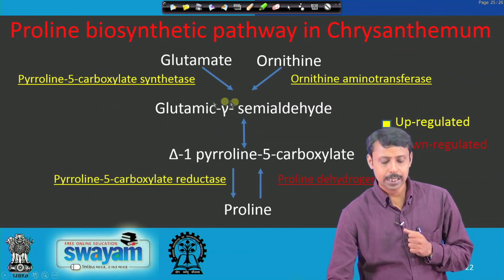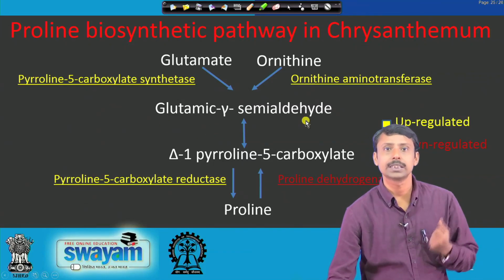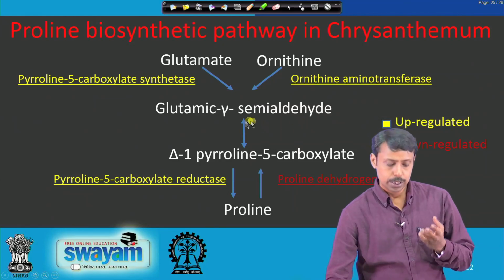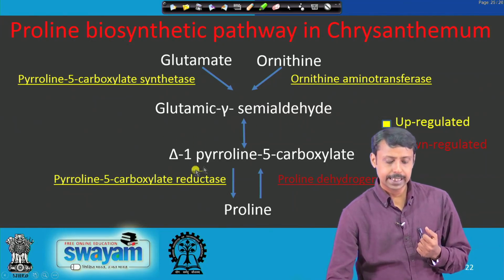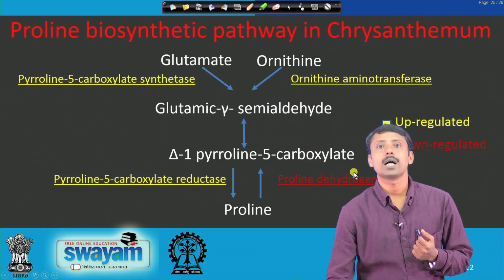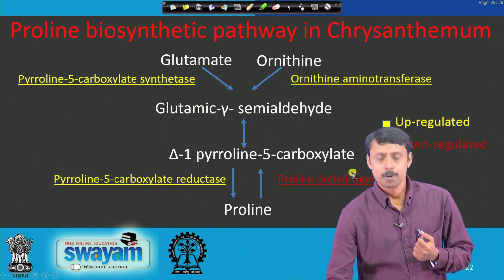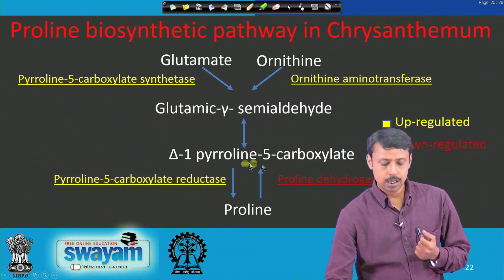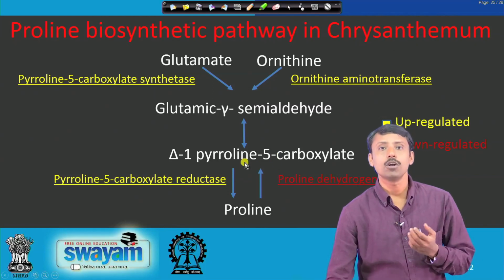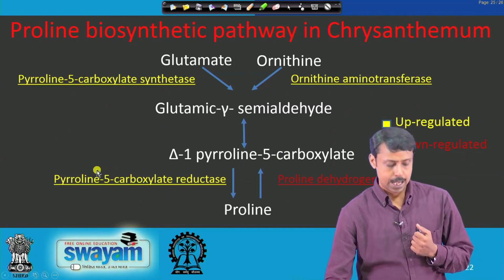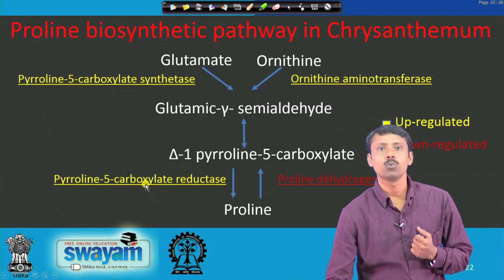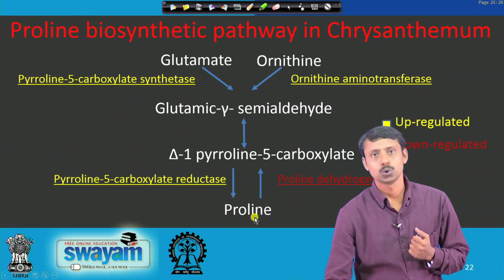Once glutamic gamma semialdehyde is produced in the system, it can produce delta 1 pyrroline 5 carboxylate. This is the immediate precursor of proline synthesis. Once the pyrroline 5 carboxylate reductase enzyme works on this substrate, proline is produced.